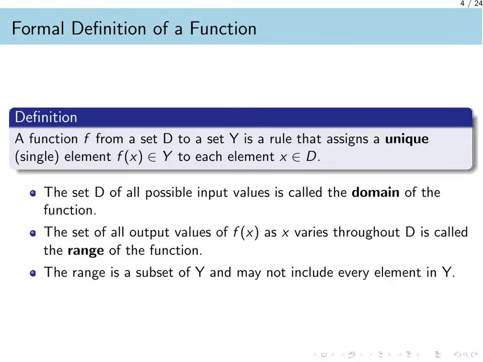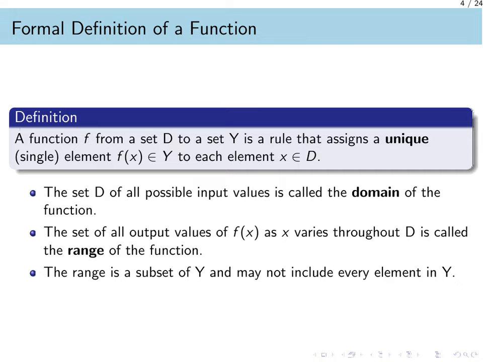Let us establish the formal definition of a function, which is the fundamental rule that connects inputs to outputs. A function is a rule that assigns to each element x from an input set, called the domain, exactly one single output element, f of x, in a set Y. As we consider all the possible inputs from the domain, the complete set of all the outputs we produce is called the range.